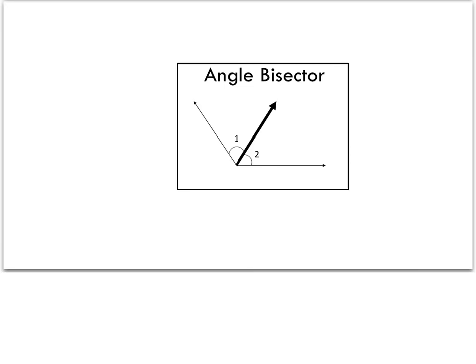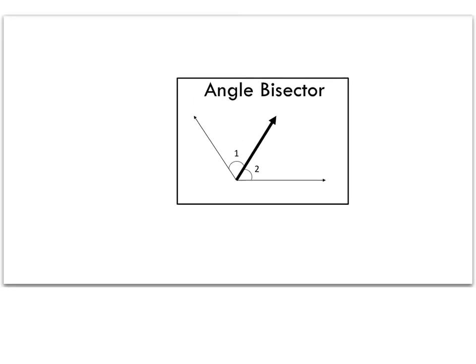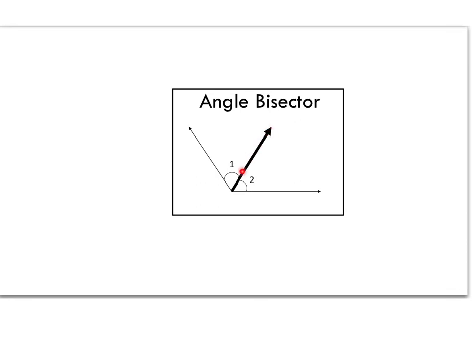Angle bisector. Let me point out to you the angle bisector, and that's this one here. It's a ray that bisects an angle. Bisector means that it's going to cut this angle into two equal parts.